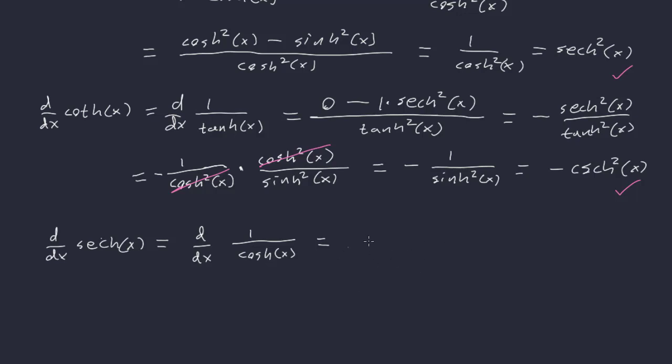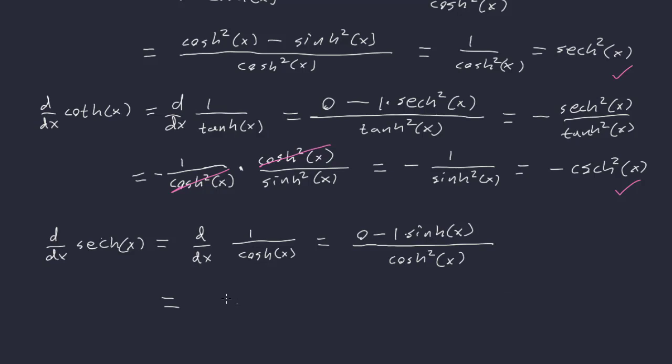So it'll be the 0 again, since the derivative of the first is 0, so we don't have to worry about that. It's going to be the numerator left alone times the derivative of the denominator. So that's going to be sinh of x, and this will be all over the denominator squared. So it'll be cosh squared of x.